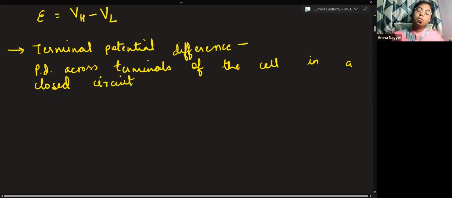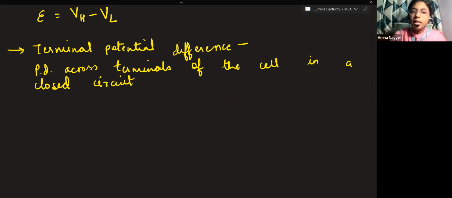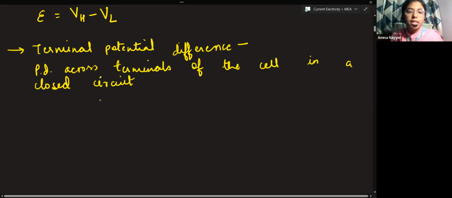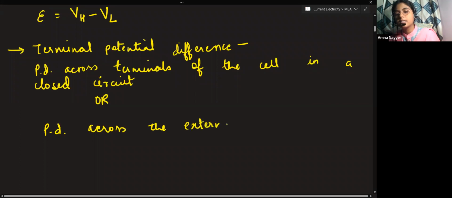Your circuit has to be closed. Closed means a running circuit, the circuit's key is on. Or you can even say it is the potential difference across the external resistor which is connected in your circuit.